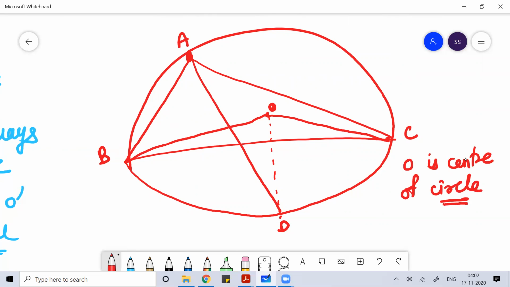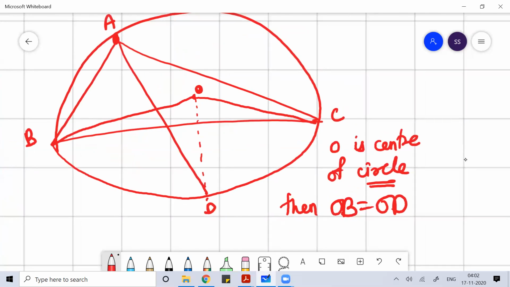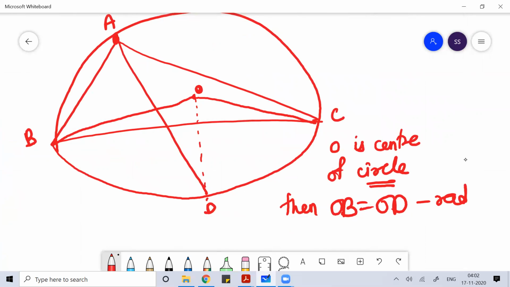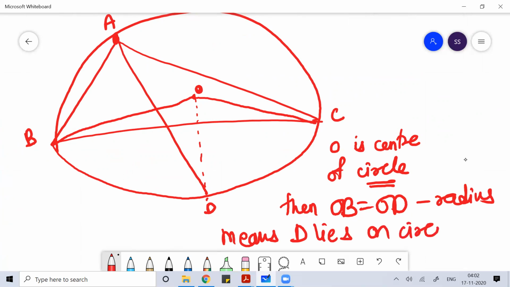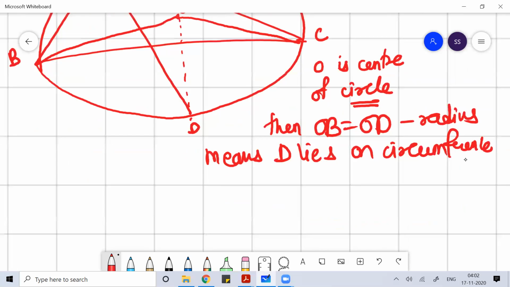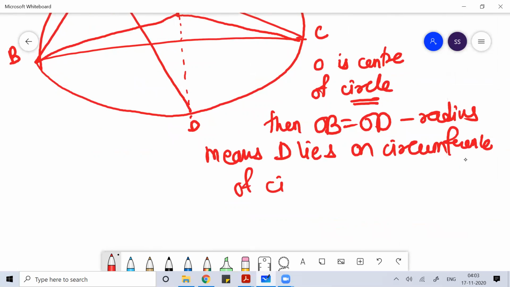If O is the center of the circle, then OB will be equal to OD because they are the radius. So if OB and OD are radius, it means D lies on the circumference of the circle.